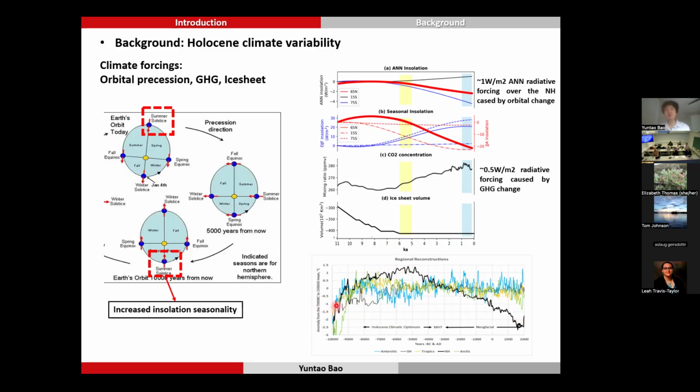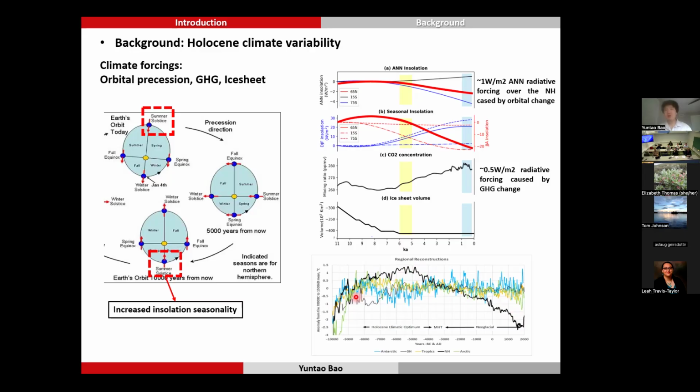The temperature first increases from the early Holocene to the mid Holocene, reaches the maximum at the mid Holocene, and then gradually decreases from the mid Holocene to the pre-industrial. This maximum we call the Holocene thermal maximum. This is the whole Northern Hemisphere average.